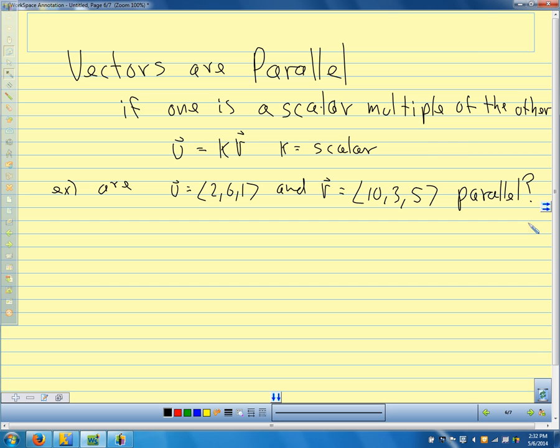Did I write my... Oh, yeah, I wanted this to be 30. So the way I wrote it, they were not parallel. How about now? Are they parallel now? Yes. So what's our scalar? 5. So v equals 5 times u. So yes, they are parallel. The way I wrote it before, they would not have been parallel.